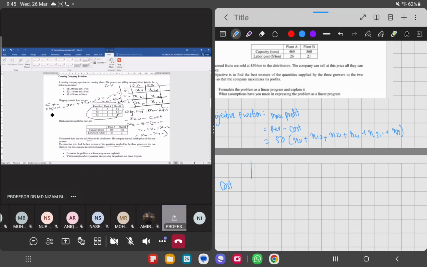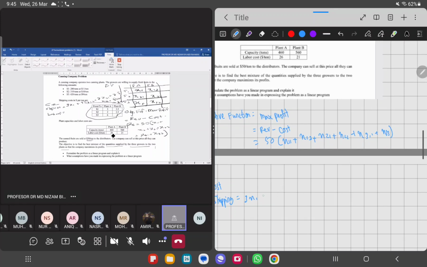And what are the other costs? Labor costs. So how do I calculate labor costs? Given here, labor cost per ton for plant A is 26. So how do I calculate labor cost for plant A? 26 times X11 plus X21 plus X31.